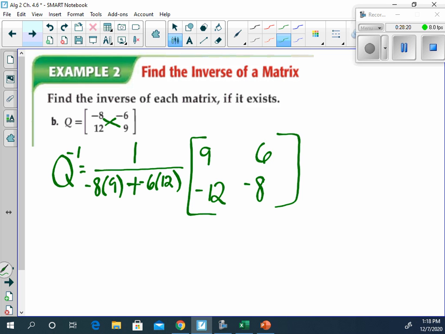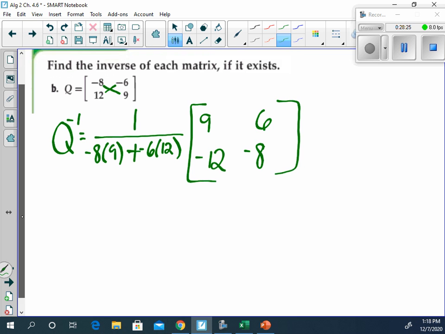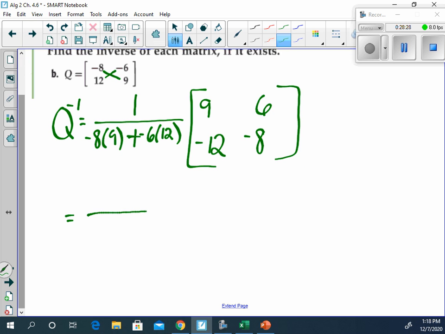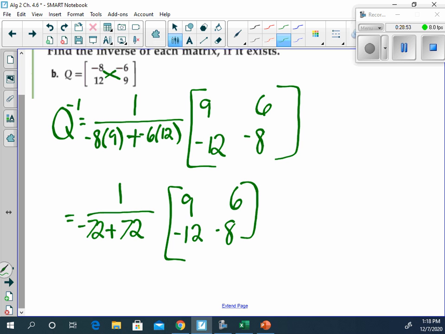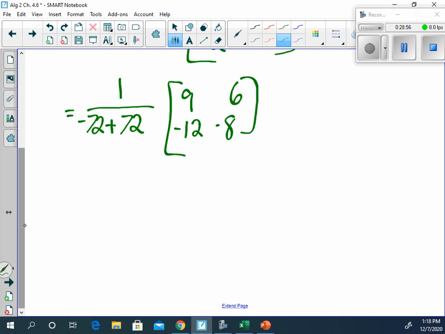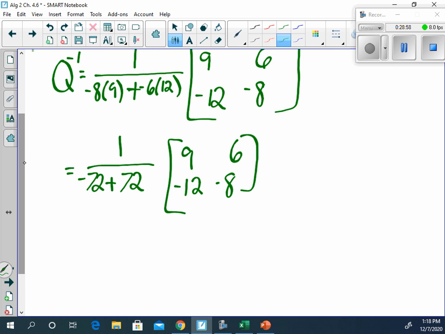Any questions on this here so far? Can I put A inverse into the calculator? It just said it was an error. Okay, let's see what happens. So -8 times 9 is what? -72, yes? And -6 times 12 is... Any questions on any of this so far?